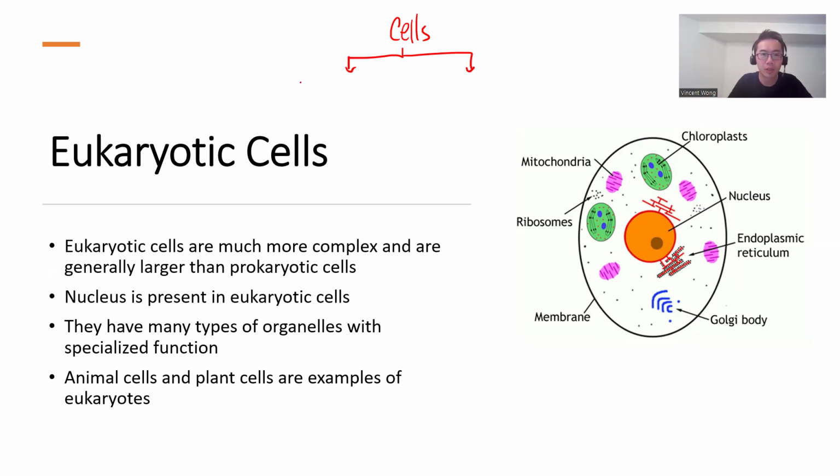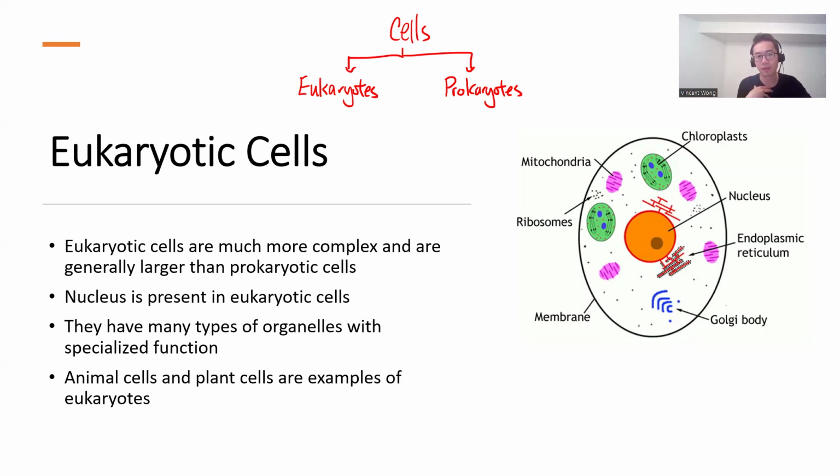Okay, we can have what's called eukaryotes and prokaryotes. You can also say eukaryotic cells and prokaryotic cells. They mean the same thing. Okay, eukaryotes or eukaryotic cells. Prokaryotes or prokaryotic cells. So let's start with eukaryotes.